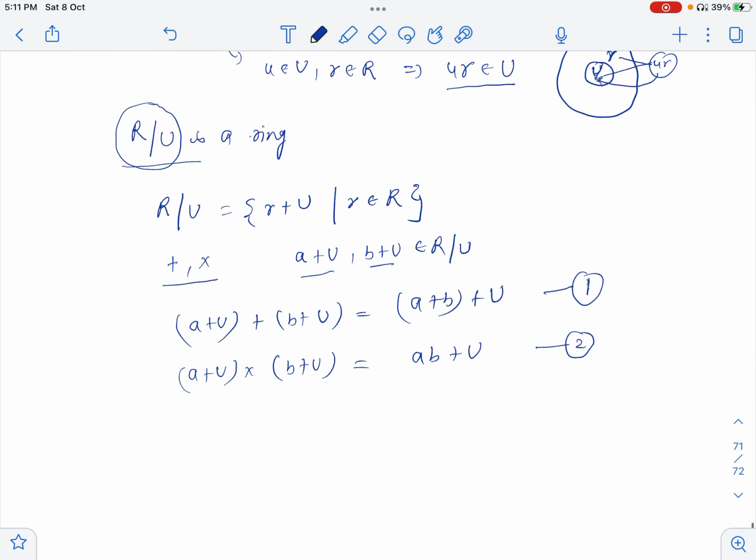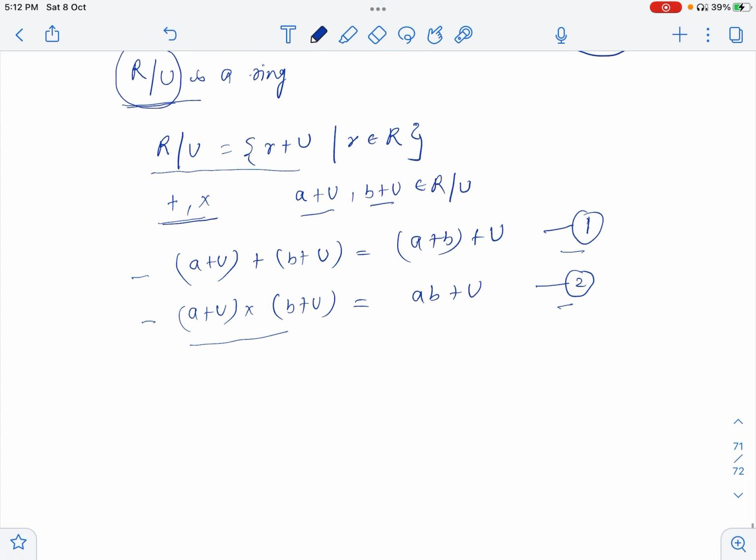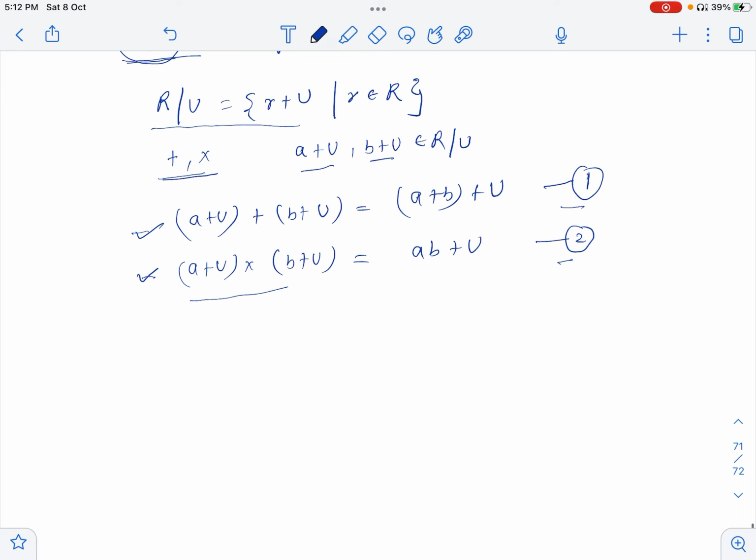So to prove that R mod U is a ring, we defined what is R mod U, and the two compositions are defined as these equations 1 and 2. Now first of all, we need to prove that these two are well defined operations, and then we will move further. To prove something is well defined, we need to prove that if x is equal to y, then f(x) has to be equal to f(y).